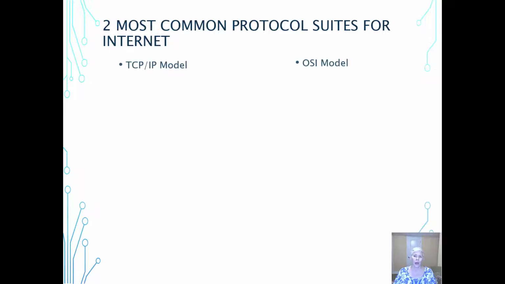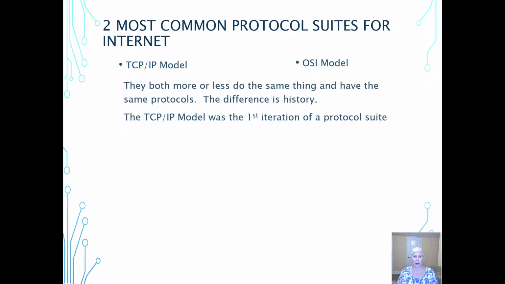The two most common protocol suites for the internet are the TCP IP model and the OSI model. Both of them do the same thing, and that is they describe the way data moves through the network from the source to the destination. The difference is basically history.